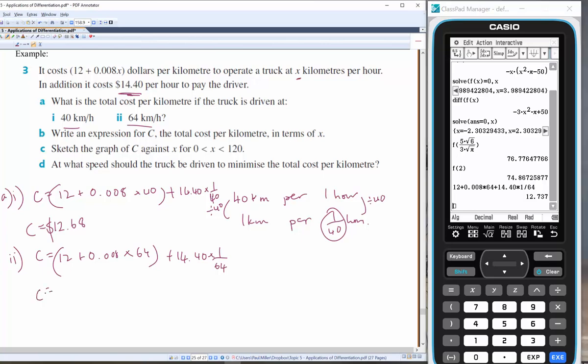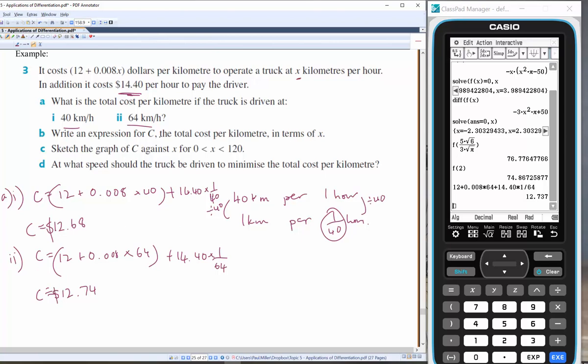So, as I'd expect, 12.74. It costs a little more if you drive the truck faster, as it doesn't offset the costs per hour. So that's going to be the cost there.